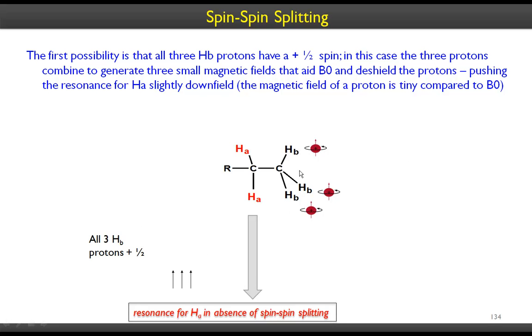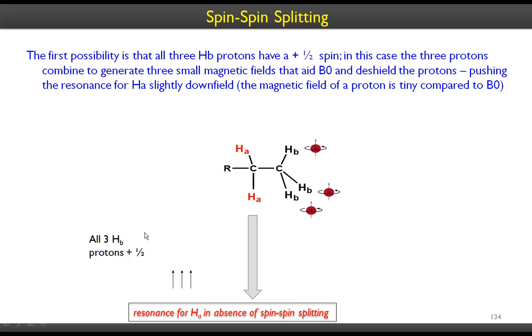If we had three neighboring nuclei, these three neighboring nuclei could orient in four ways. Let's say we have 1000 molecules, and there are different ways that each neighboring nucleus can orient itself. In this molecule, all the neighboring nuclei are orienting in the direction of the external magnetic field.